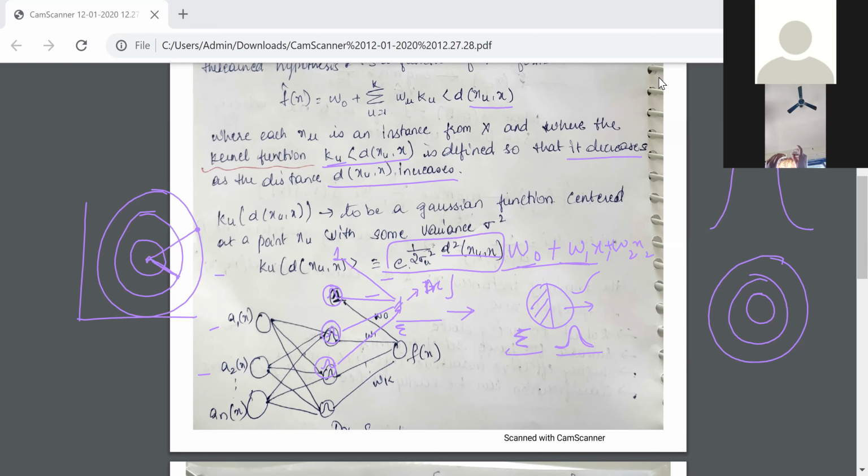So we normally write it as e to the power of minus (xi minus mu) the whole squared over 2 sigma square. It's the same function we are representing over here. So this is about your radial basis function. If you have any doubts, let me know.